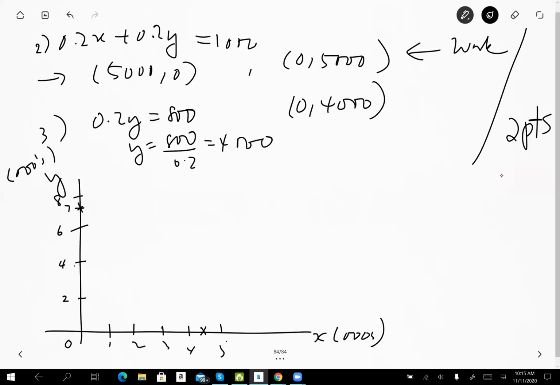I hope I can get it right. Nice. So that line, label it: 0.6x plus 0.4y less than or equal to 800. So less than, where is it? Down here.